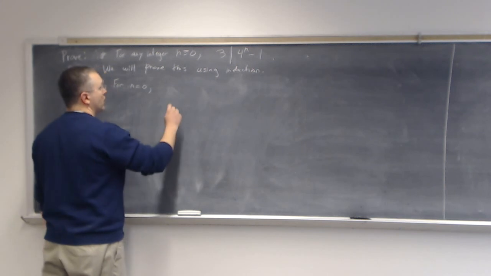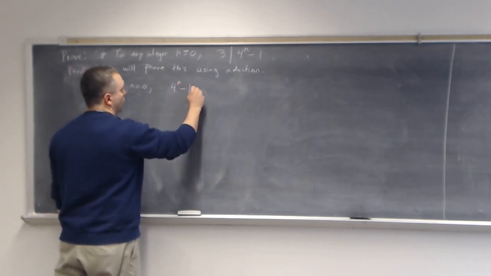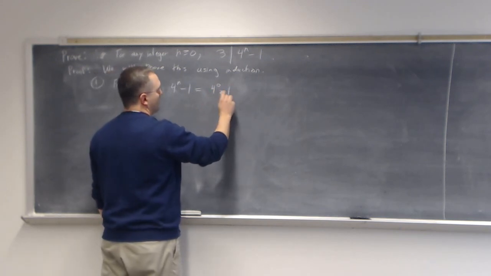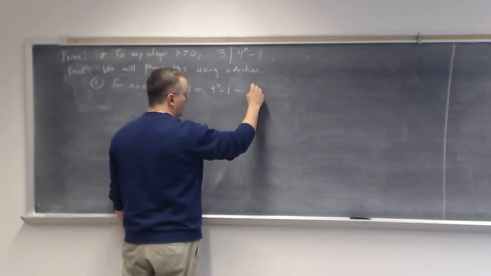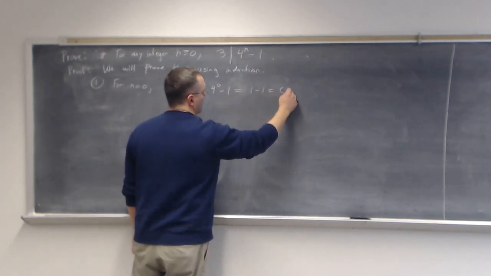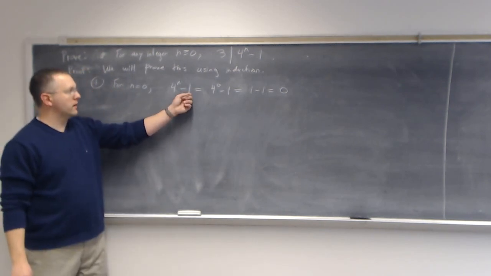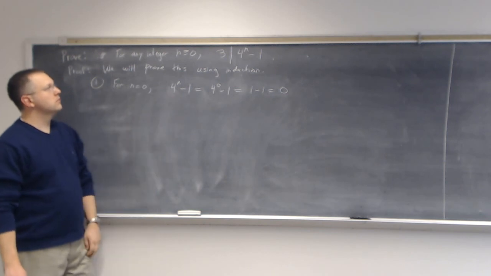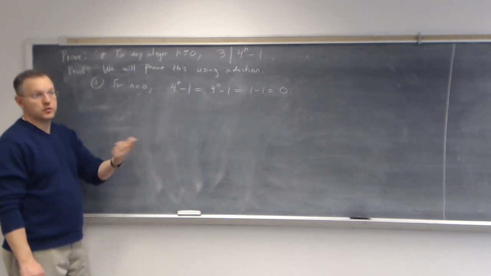For n equals 0, 4 to the n minus 1 becomes 4 to the 0 minus 1. Any non-zero number to the power of 0 equals 1, so 4 to the n minus 1 just becomes 0. And 3 divides 0. You can write 0 as 3 times 0.